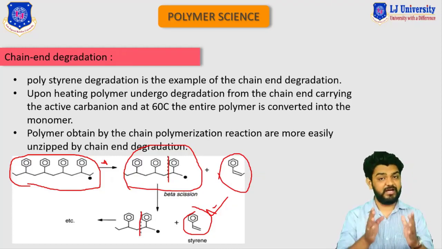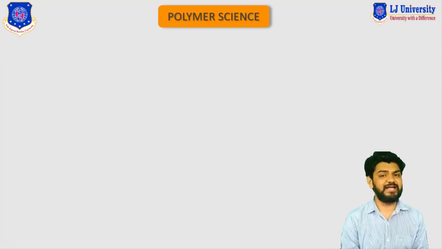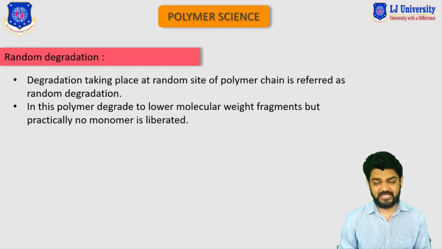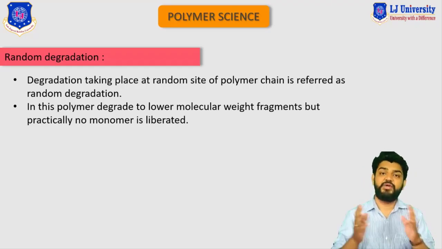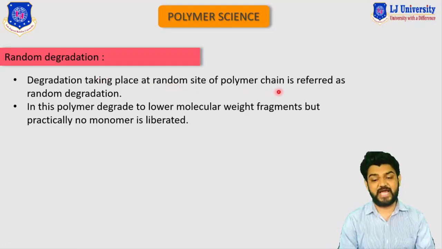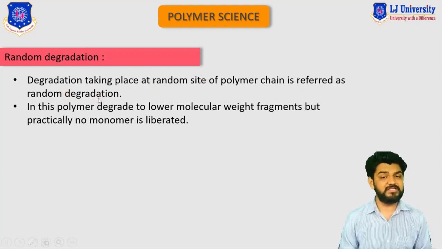Now having understood this, let me quickly move to the second type of polymer degradation, and that is random polymer degradation. As its name suggests, random degradation is the degradation taking place at a random site of the polymer, which means in this type of degradation there is no specific point where the degradation will take place.